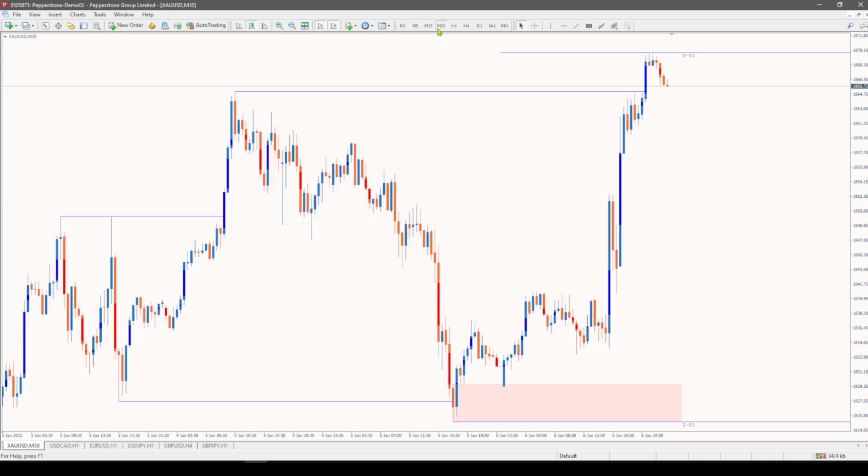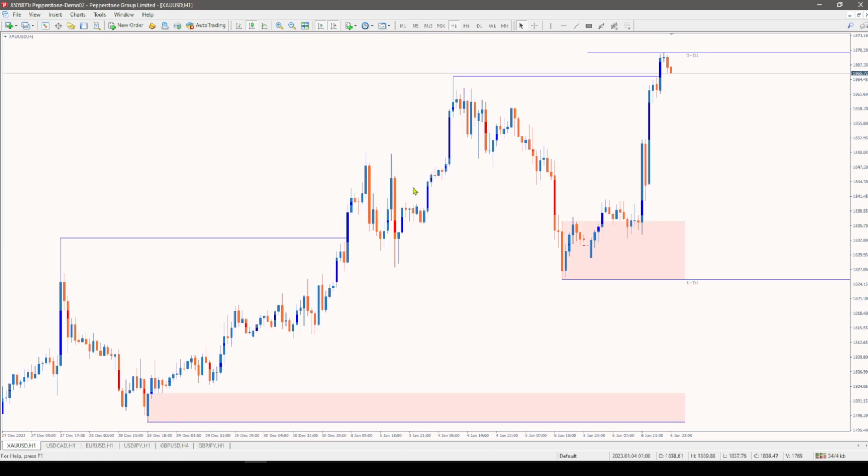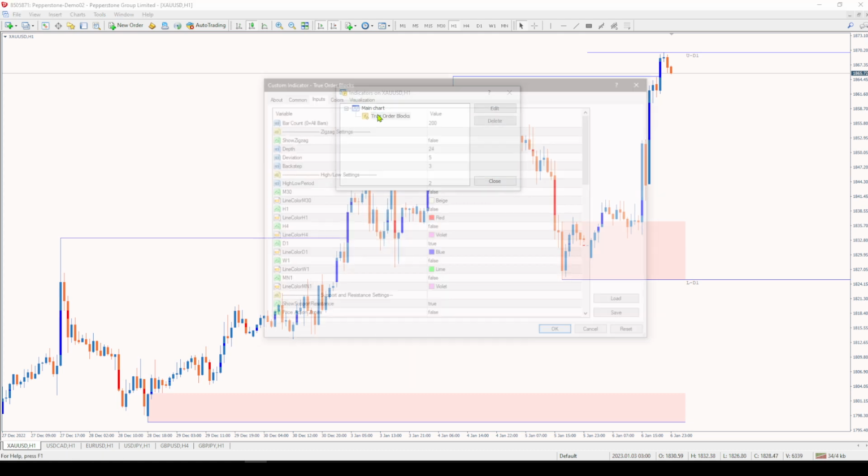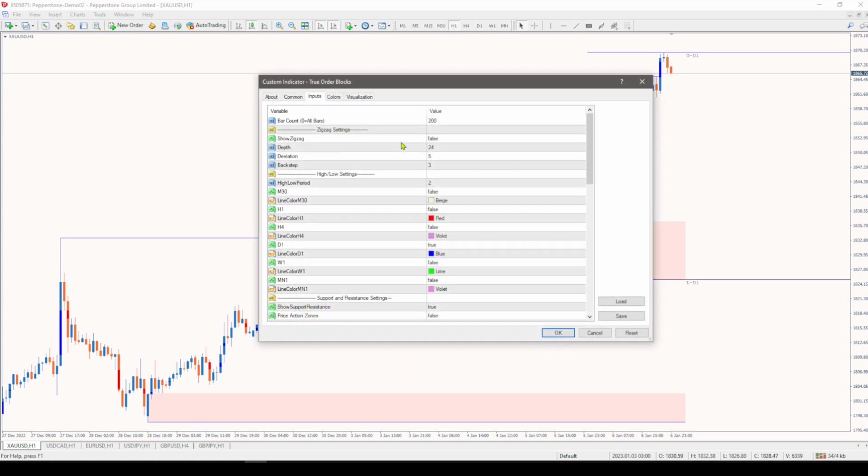So let's go to the input section right now. In True Order Blocks, you can see the bar count is 200. That means the last 200 candles are analyzed, which is the current price action.